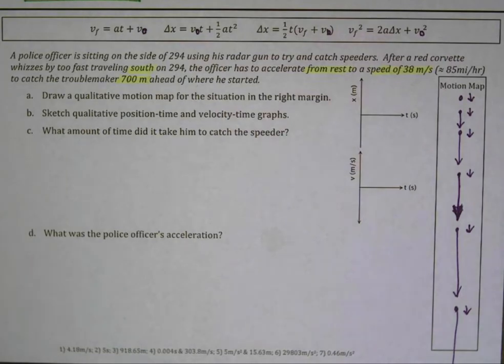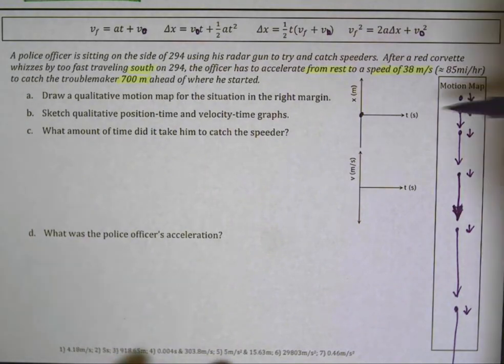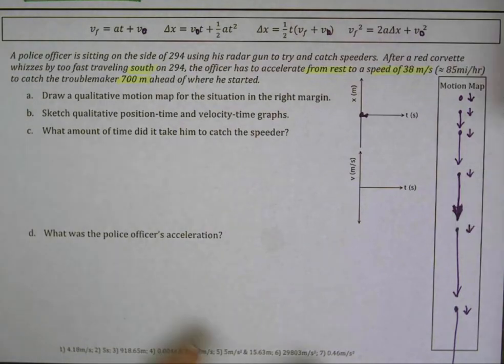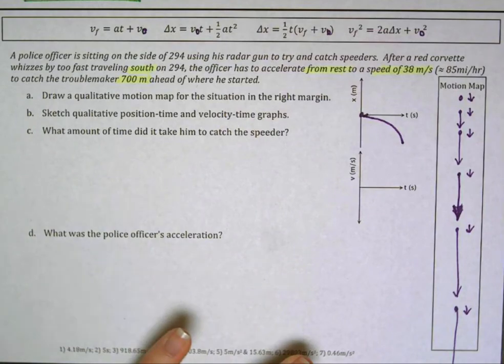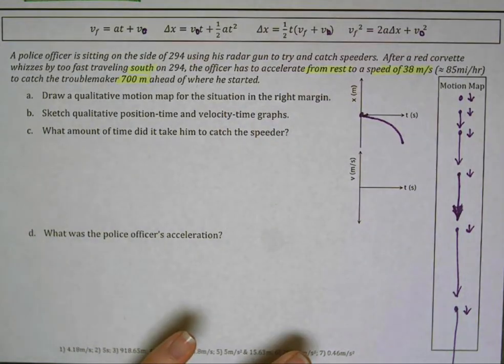On our position time graph, we don't know the initial position, so I'm just going to start at the origin. And we notice he starts from rest, so he should have a slope of 0, and then has greater speeds, so therefore steeper slopes, and they should be negative since he is traveling in the negative direction. So we get a curve like this. And you might be thinking to yourself, shoot, that's not what I drew.